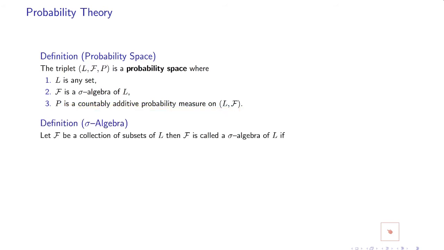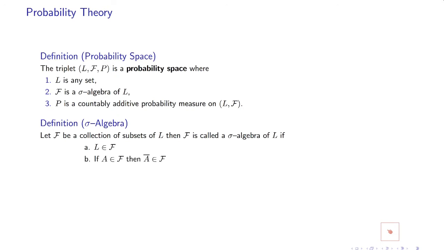So a sigma algebra is a collection of subsets of Ω. We call it F, a sigma algebra, if it is a collection of subsets of Ω and some conditions are satisfied.